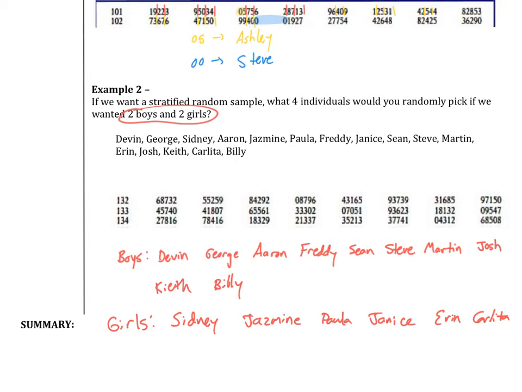Okay, so we got the boys and girls broken up into groups. It says we're going to pick 2 boys, 2 girls. What 4 individuals do we pick?